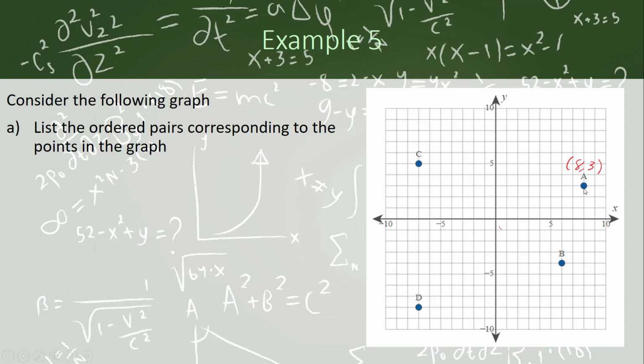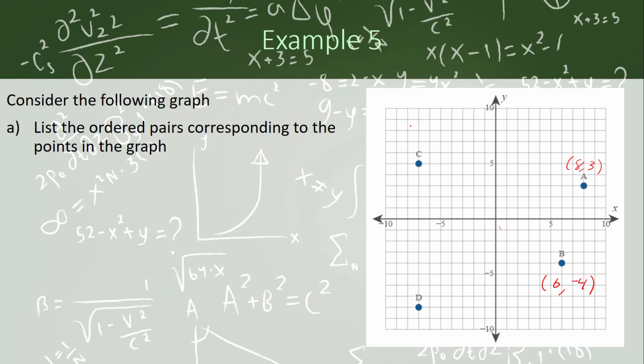For B, we have 1, 2, 3, 4, 5, 6 in the x direction, minus 1, 2, 3, 4 in the y direction. So this is 6 comma minus 4. For C, we have negative 1, 2, 3, 4, 5, 6, 7 in the x direction, and positive 5 in the y direction.